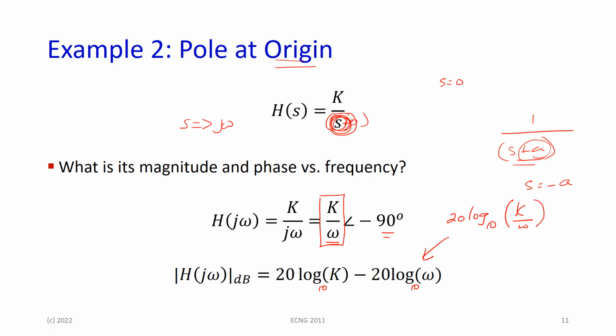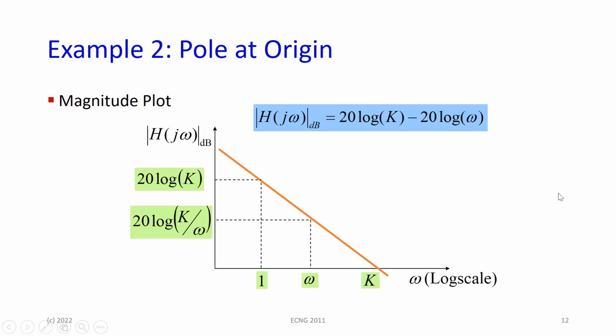Simple log behavior. We plot it, and we're going to get a line that has a negative slope. And the thing now is to figure out what the slope of that line is.